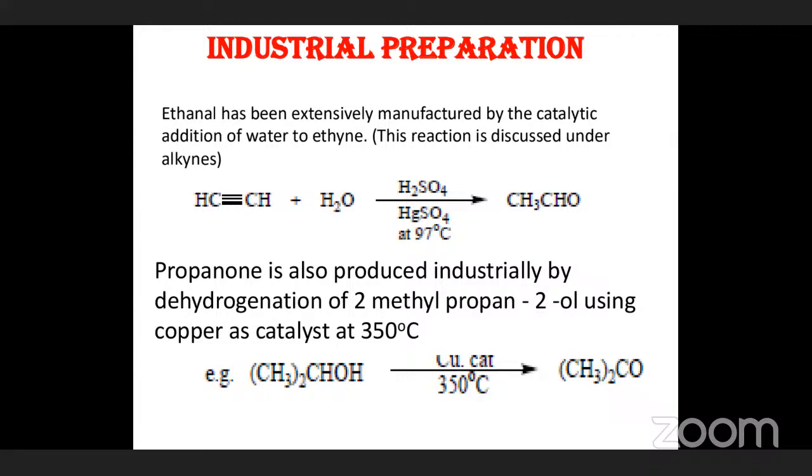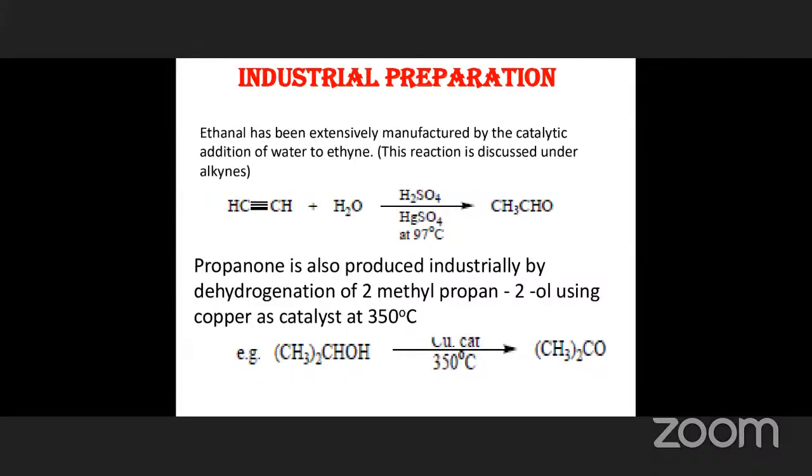The next equation is if you use isopropanol, commonly called isopropanol, the IUPAC name is propan-2-ol. I'm sure you'll be able to draw the structure of this. This has CH3 bonded to carbon, another CH3 here.